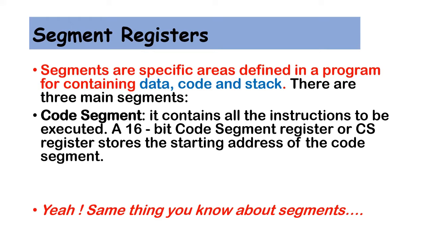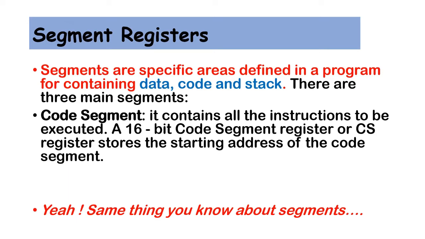In other books, you also find it as 4, where they mention the extra. And in the end, as we move on in this slide, you see the introduction of the extra I'm talking about. So the code segment contains all the instructions to be executed.